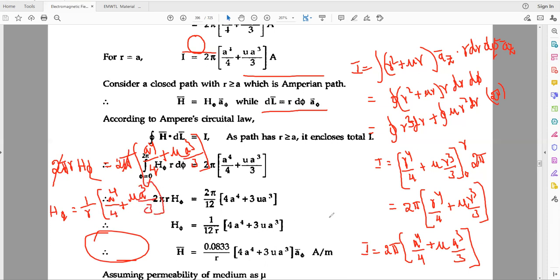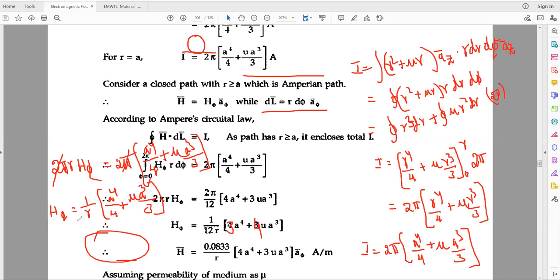So H phi is equal to 1 by r times this function. Here take the LCM as 12, with 3 times here and 4 times here. By 12, a to the power 4 is multiplied with 3 and the mu term with 4. The 2 pi also gets cancelled.